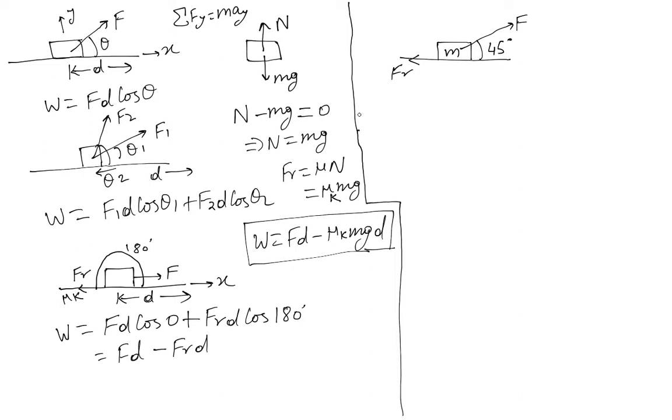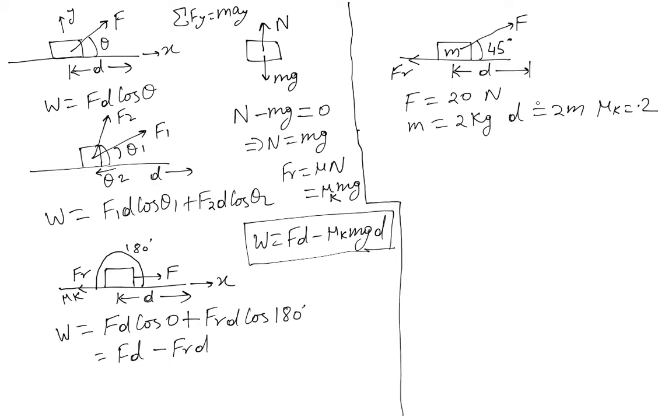Let's give the variables values. F, let's say, is 20 Newton, m is 2 kilograms, d is 2 meters, and mu k is 0.2.